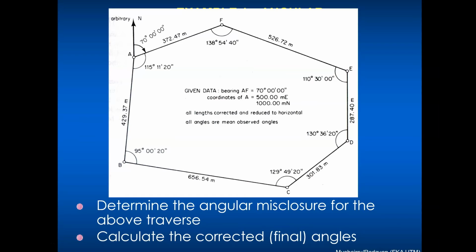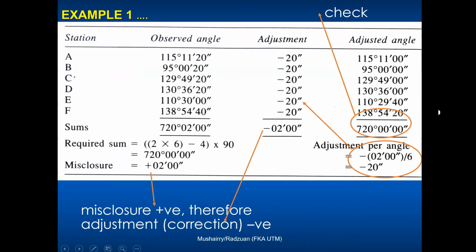You're given an arbitrary north, which means that this value there is an arbitrary bearing. Okay, let's do the first thing. It says determine the angular misclosure for the traverse and calculate the corrected angles. So first things first, list down all the observed angles and sum them.